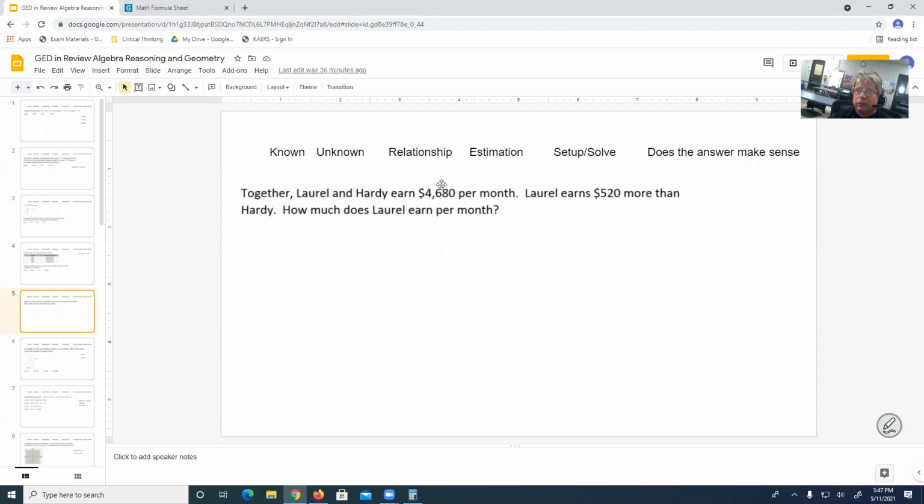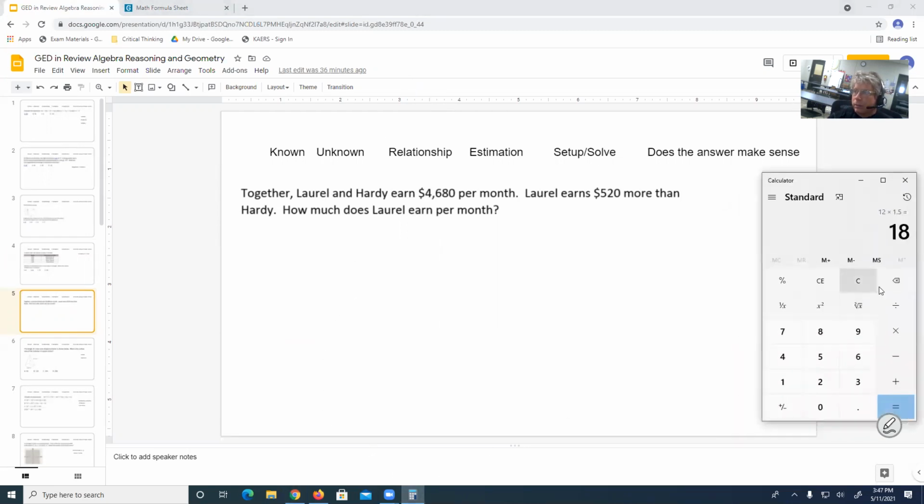So they're splitting this money, but they're not splitting it equally. But if I did split it equally, that would be a kind of a start. So if I divide 4,680 by 2, that would give me 2,340.